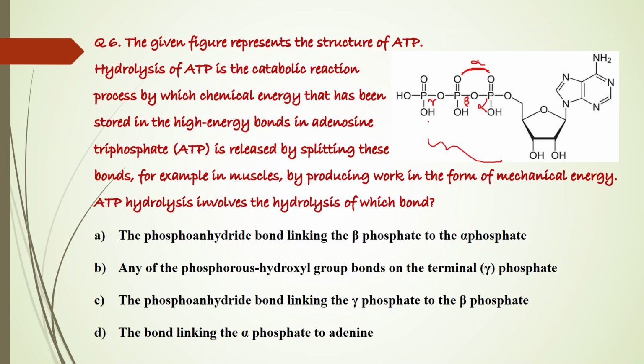Third option is gamma to beta. In option A, they are talking about this bond. Option C, they are talking about this bond. And in the fourth option, they are saying the bond linking the alpha phosphate to adenine. That means this bond. So this is your option D. So choose which of them gets hydrolyzed. You already know that. Try to answer it and then I will show you.